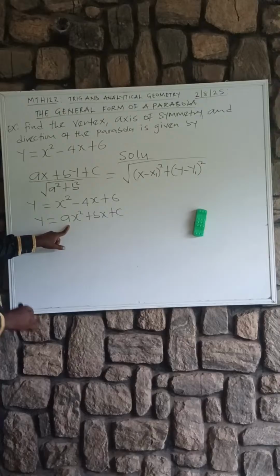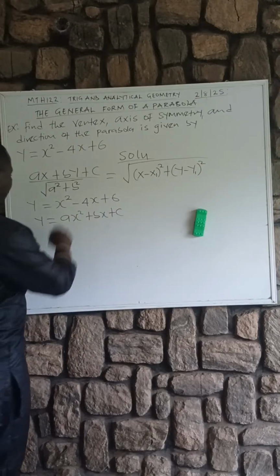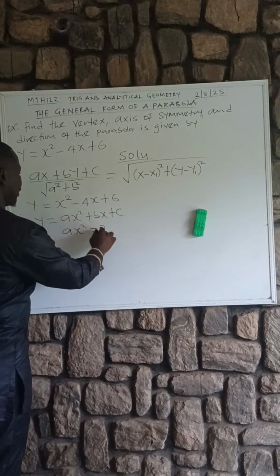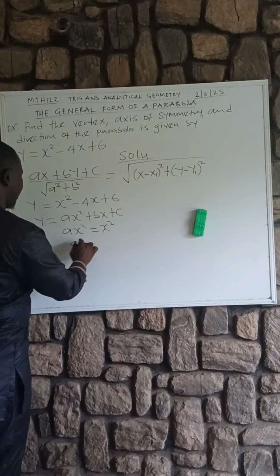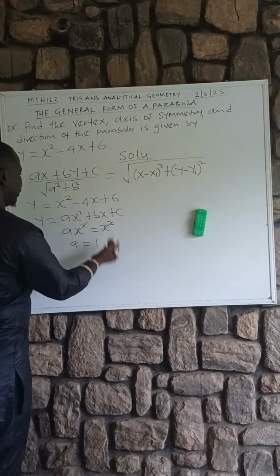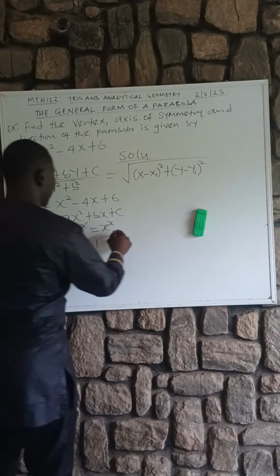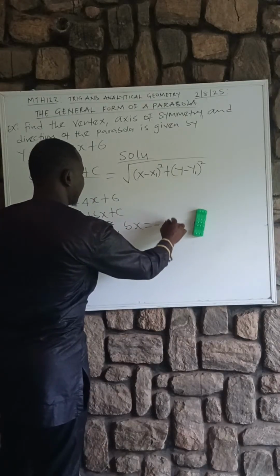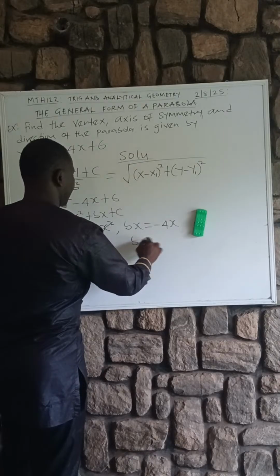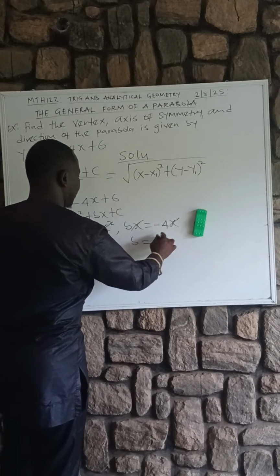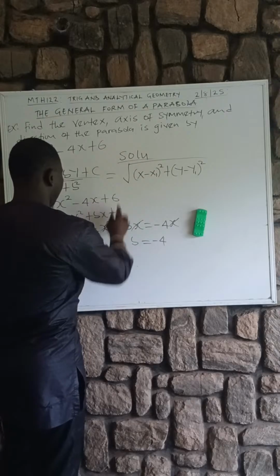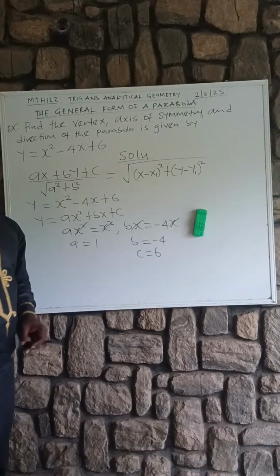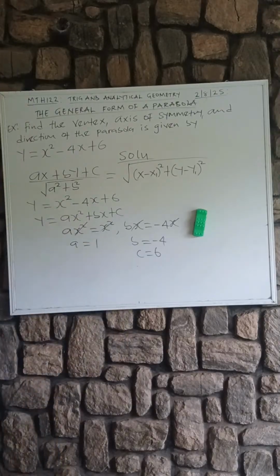You don't need a prophet to tell you: ax squared equals x squared, so a is equal to 1, because this and this will cancel. True or false? Then bx is equal to minus 4x, so b will now be equal to minus 4. And our c is equal to 6. True or false? Are you following? Do you understand?